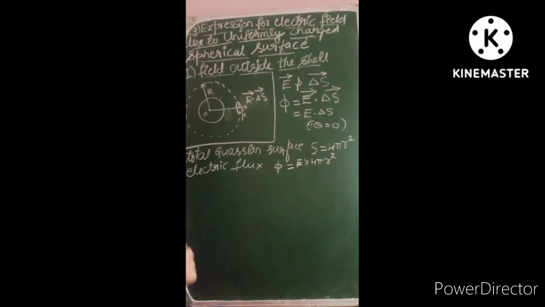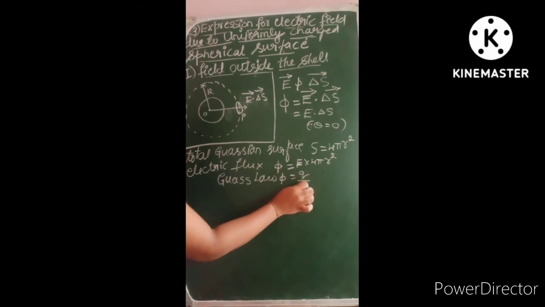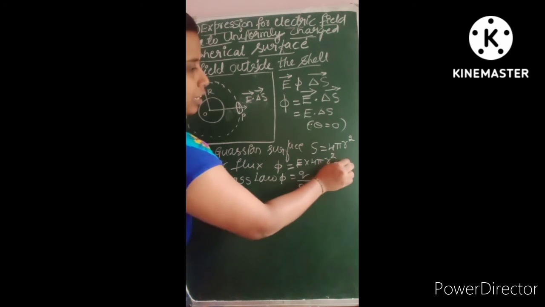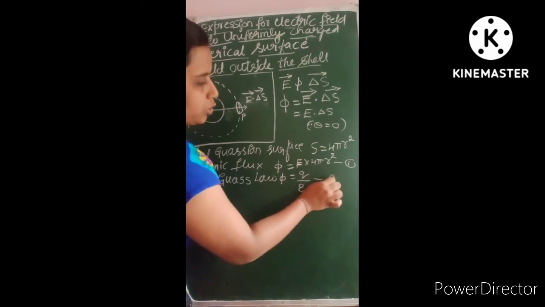Already we know the Gauss law. According to Gauss law, phi is equal to Q by epsilon naught. Comparing these two equations, or let us take it as equation number 1 and equation 2.